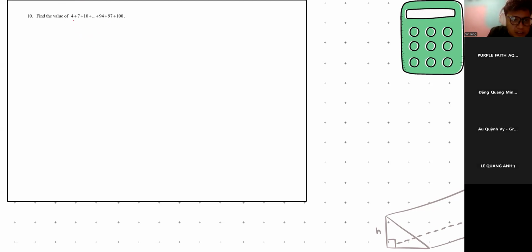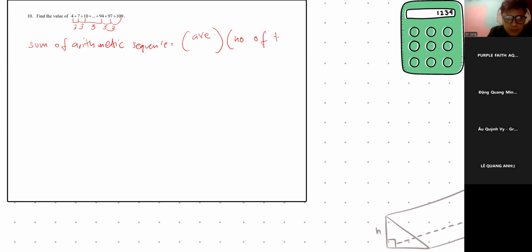Okay, note that we have a common difference of 3, right? Which makes this an arithmetic sequence. So how do we get the sum of an arithmetic sequence again? We have the average times the number of terms, right? The average is just equal to the last term plus the first term all over 2.